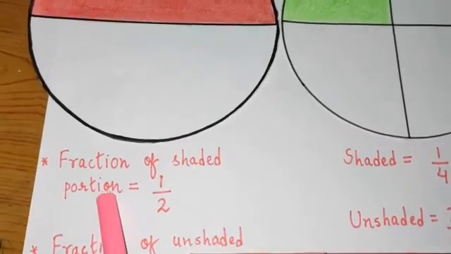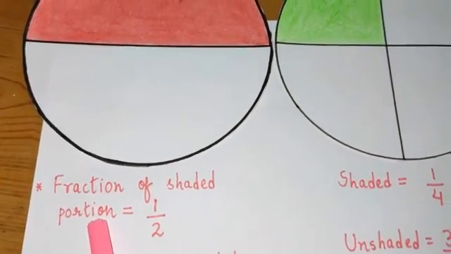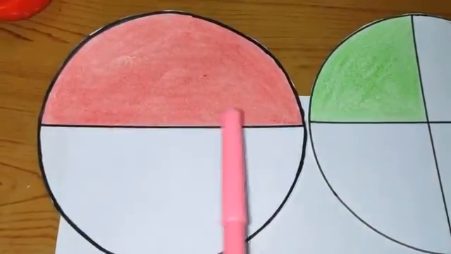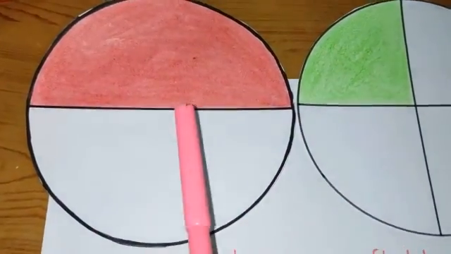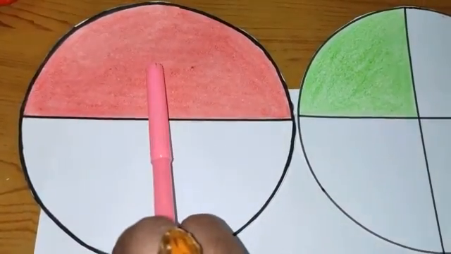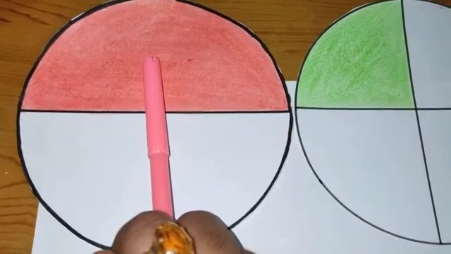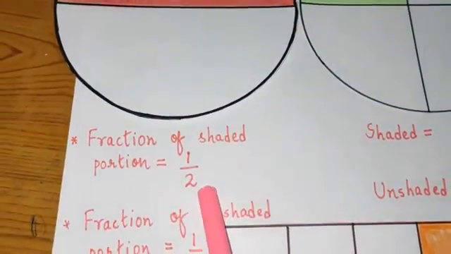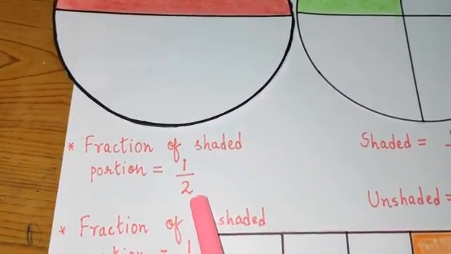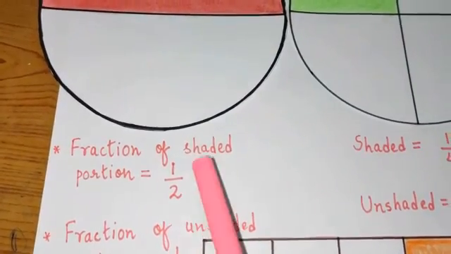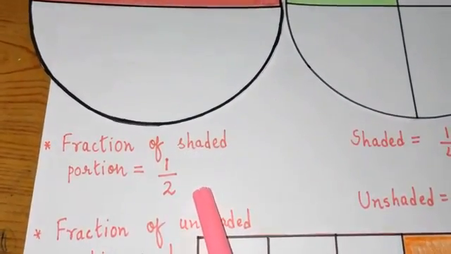Then here it has been asked the fraction of the shaded portion. Now you have to look at how many portions out of the whole have been shaded. So 1 portion has been shaded. So the fraction would be 1 by 2 or 1 over 2 or 1 half.